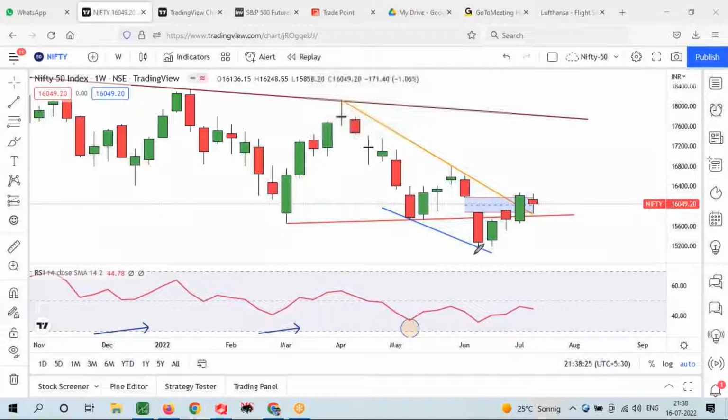Let us look at the Nifty weekly chart. When we are in a downtrend, there was a good bullish piercing pattern almost. It closed above the halfway mark of this candle, and the next candle was almost at the high of the previous candle.